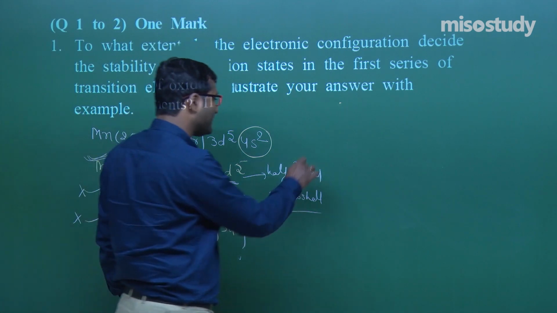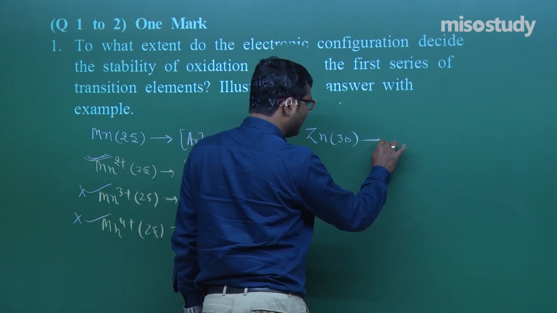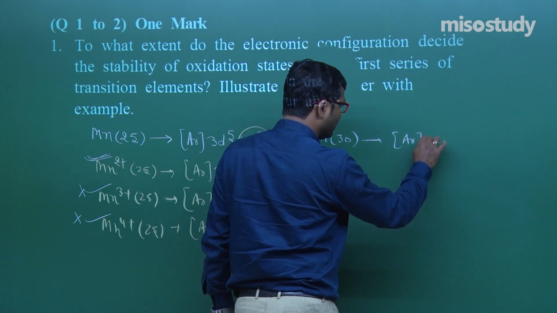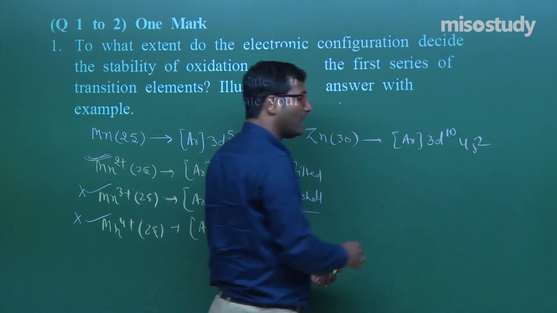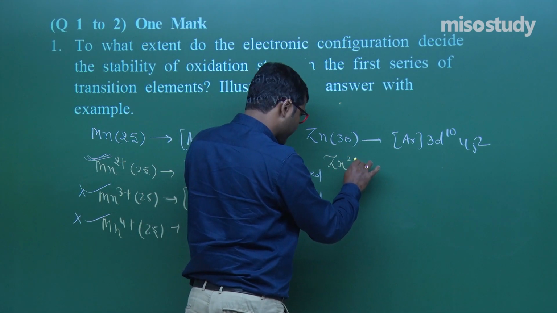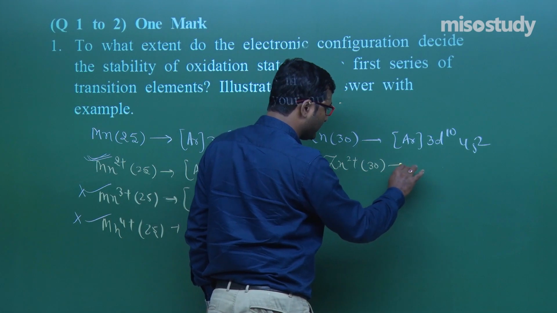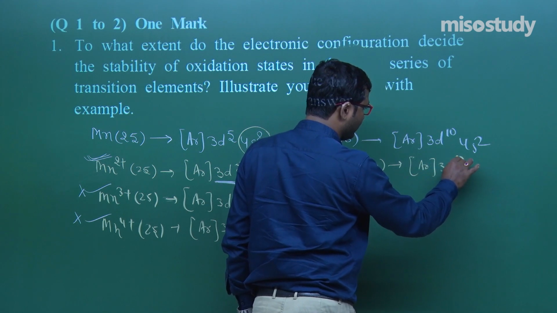Now, if I write here Zn, atomic number is 30. It can be written like this, argon 3d10 4s2. Now, if Zn is in the +2 oxidation state, then what do we observe here? That is argon 3d10, my friend.